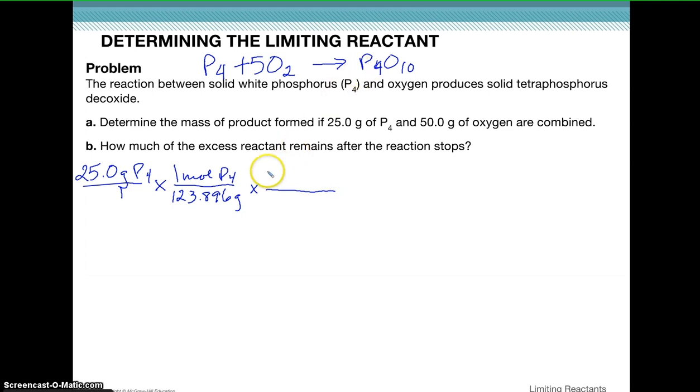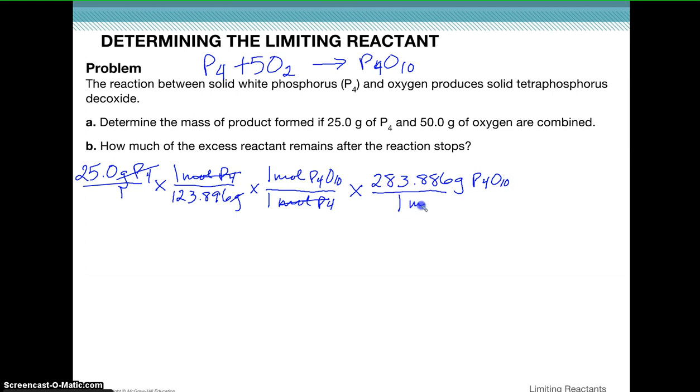So from our balanced equation, 1 mole of P4O10 for every 1 mole of P4. Our grams canceled back here. And then the mass of our product, 283.886 grams per mole. So our moles cancel. Okay, so if the phosphorus is limiting, we would make 57.3 grams of our product.